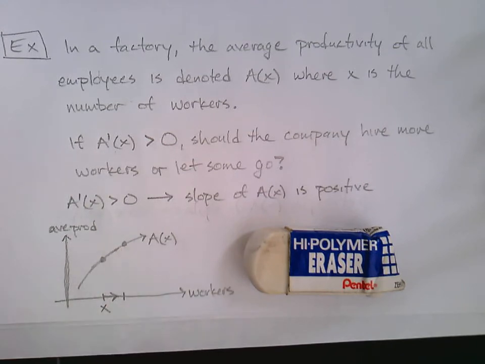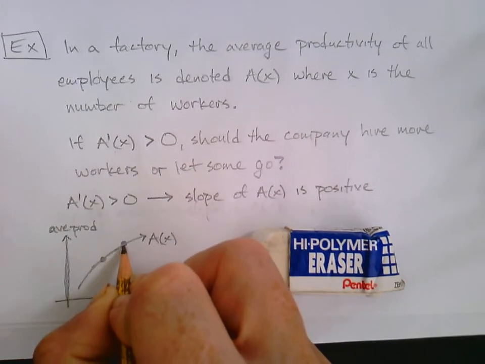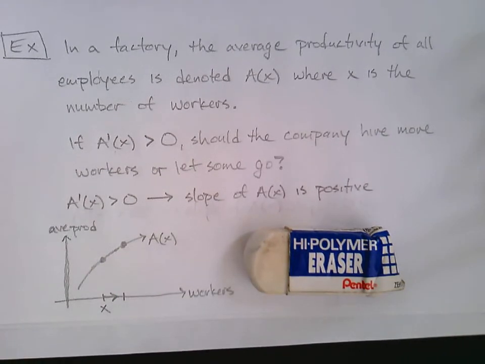And not only will that increase just the productivity, period, it will actually increase the average productivity. So not only do I get more done, but actually each person gets more done because I hired more people. And that seems kind of strange maybe, but it certainly can be the case.